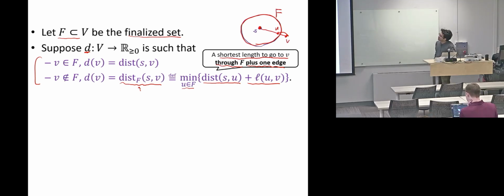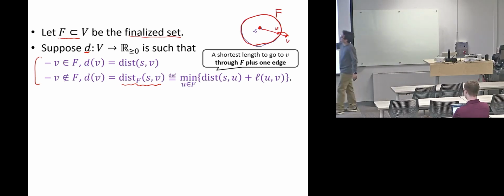And the key claim is this. So you see that this is something that could be bigger than the real distance. It restricts you to paths where you go through the shortest path inside F and then take only one more edge. It doesn't look at all kinds of paths, right?